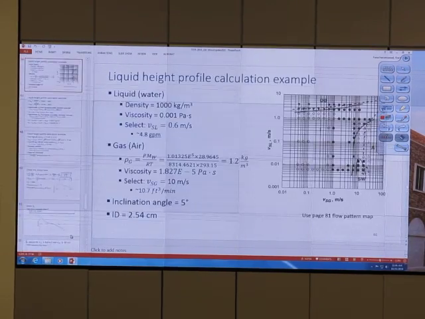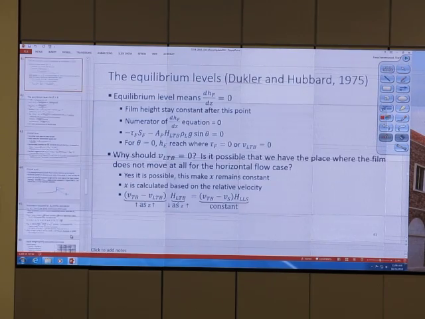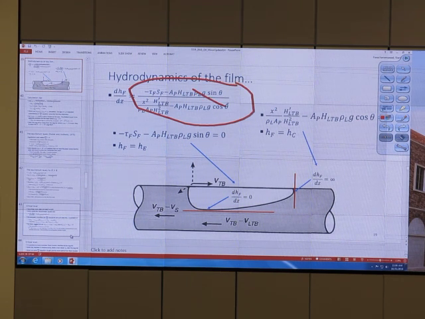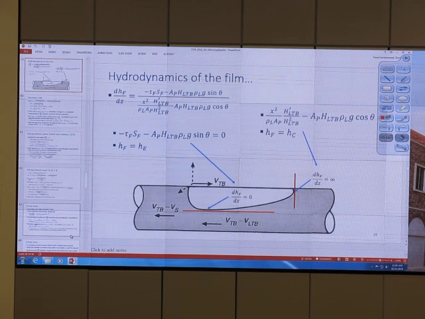For horizontal flow, we don't have that term, so we have tau f. Tau f is 0 when velocity is 0. This is for Dukler-Hubbard.